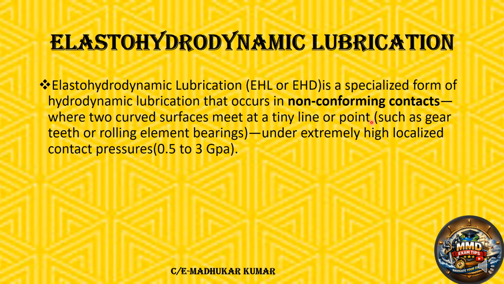This type of elasto-hydrodynamic lubrication occurs there, and squeeze film lubrication also. The localized contact pressure is extremely high, 0.5 to 3 GPa, gigapascal. So here at point contact or line contact, we have a very high pressure.